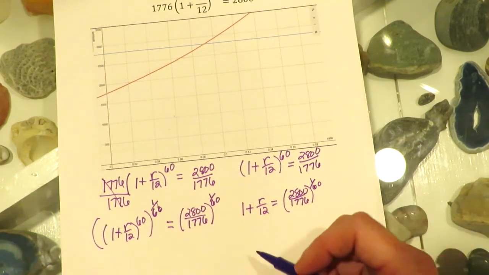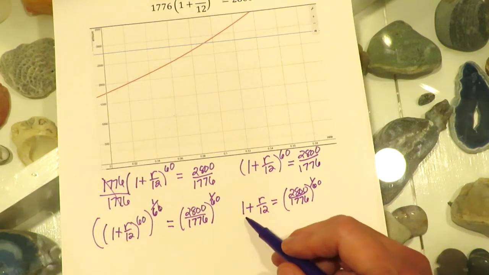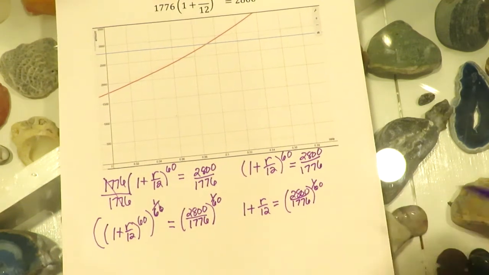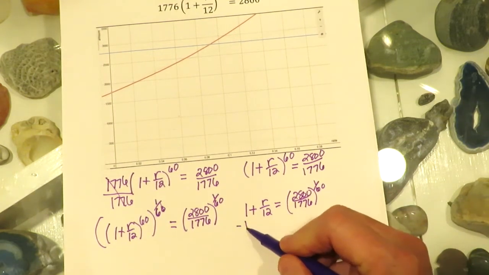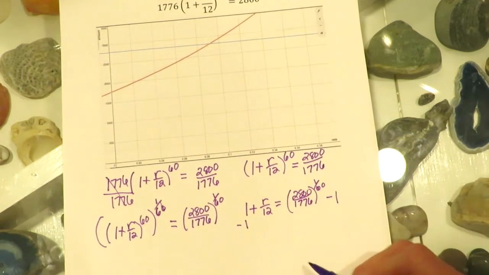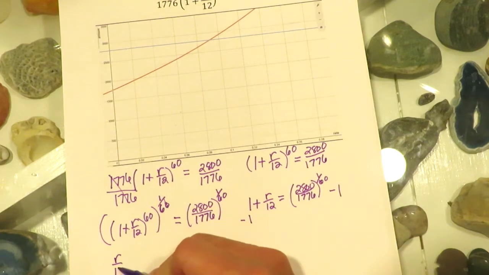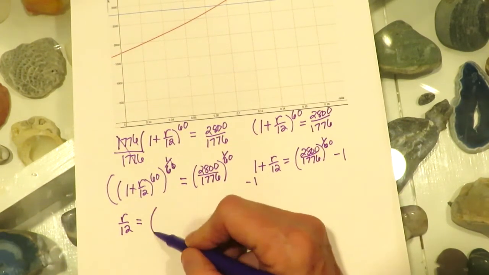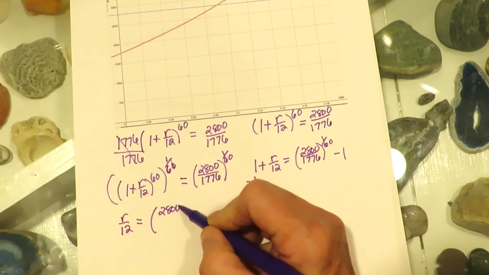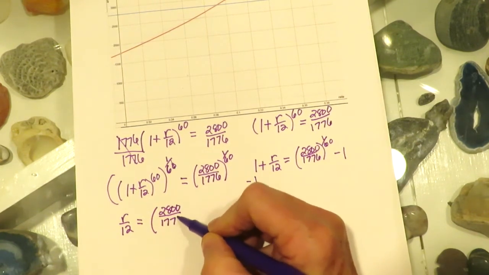I don't have r quite yet. So I want to undo the adding. Remember, you're going to do the order of operations in reverse. So subtract 1 from both sides, and that will give me r over 12 equals whatever that fraction is. We will round it at the very end.